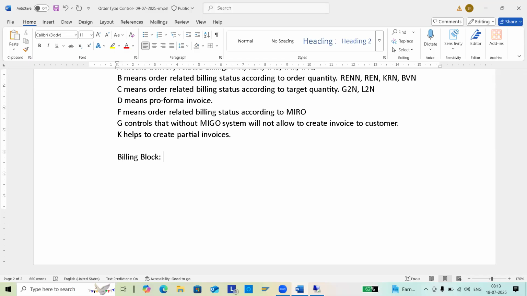So, what does it mean? We have already discussed this one, but still, can anyone tell me from your understanding so far, which part we are discussing?